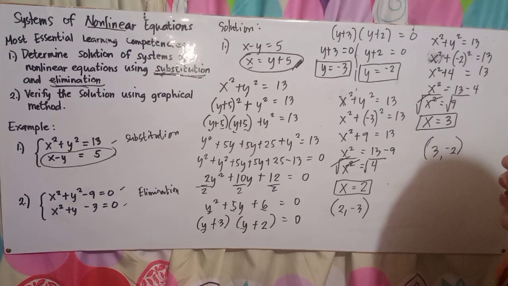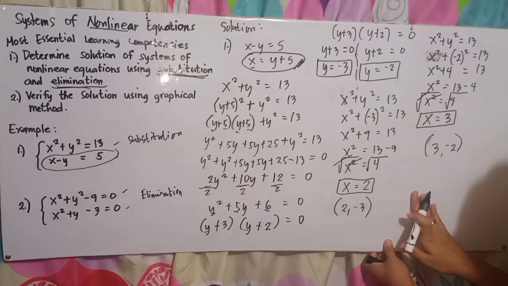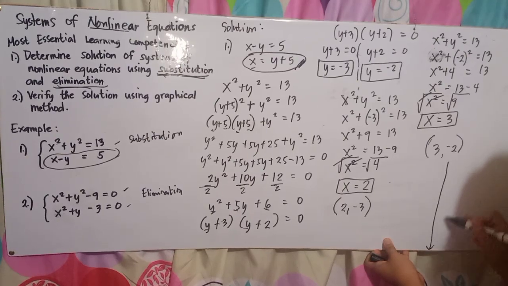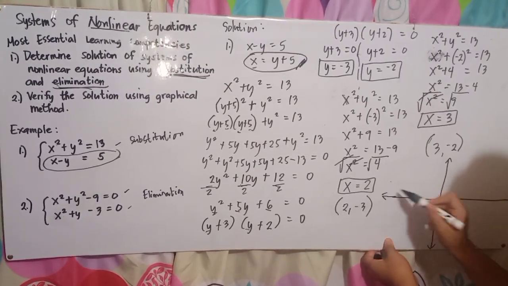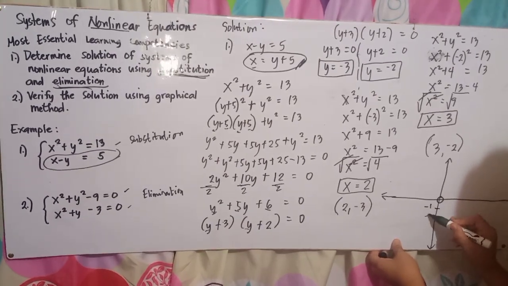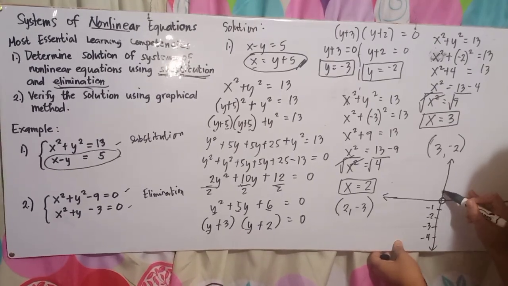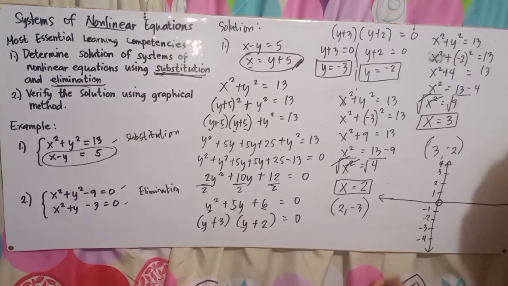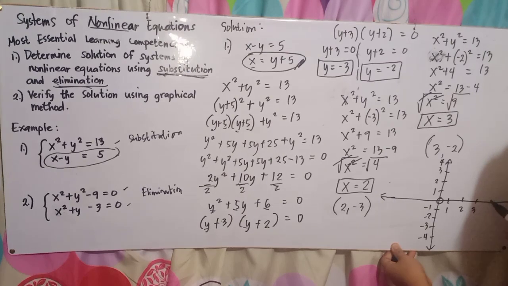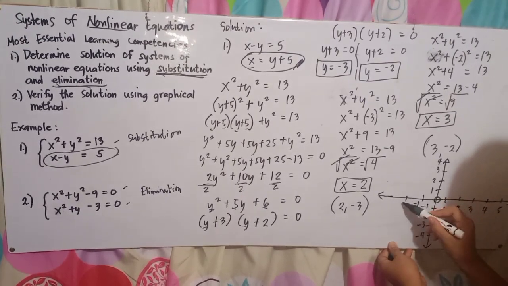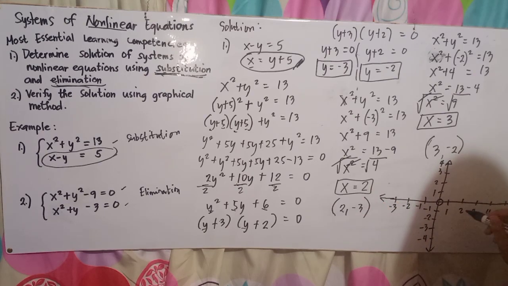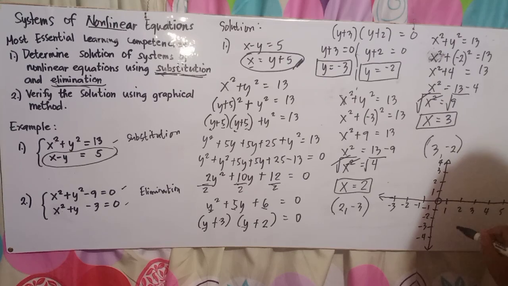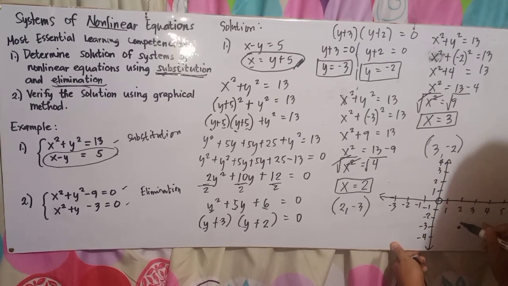Okay, so let's verify this using the graph. We will make the graph here. So, to verify on the graph, the given solution set is 2, negative 3, and the other is positive 3 and negative 2.